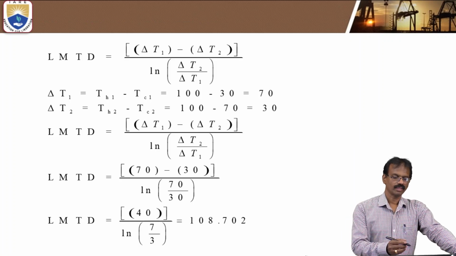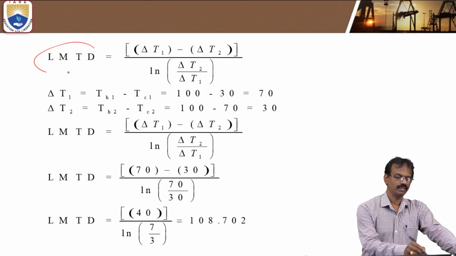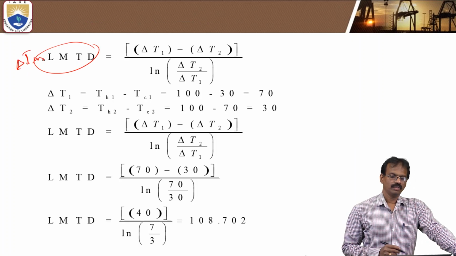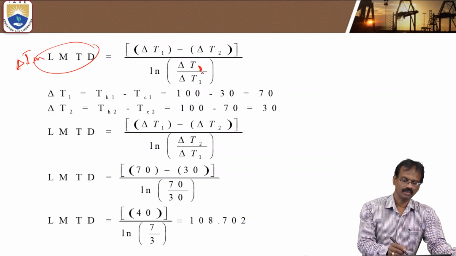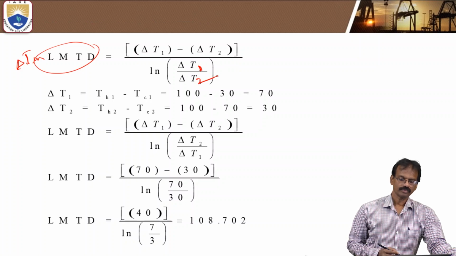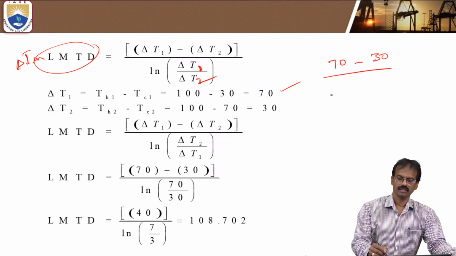LMTD, delta TLM is equal to delta T1 minus delta T2 by ln of delta T1 by delta T2. Delta T1 is 70 minus delta T2 30 degrees, by ln of 70 by 30.